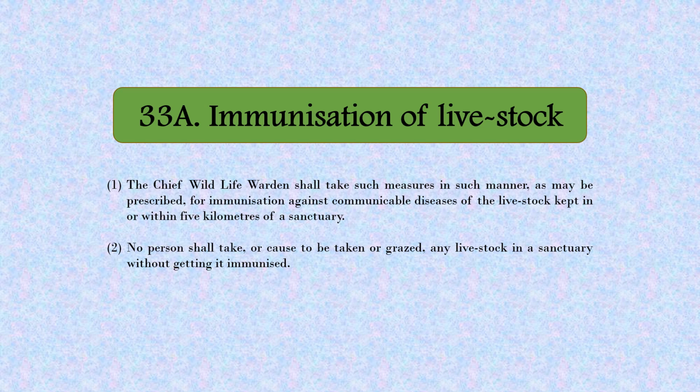And here it's given that the area may be within 5 kilometers of the sanctuary, and any livestock found in that area should be immunized. No person is allowed near the sanctuary with cattle that are not immunized.